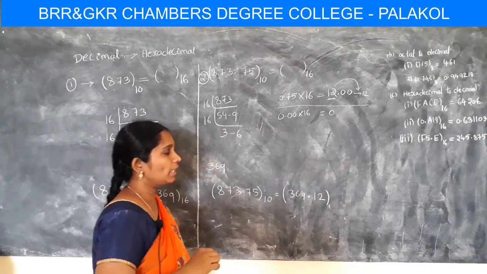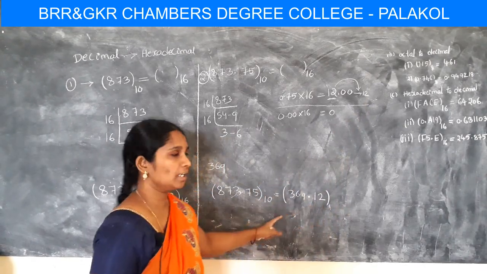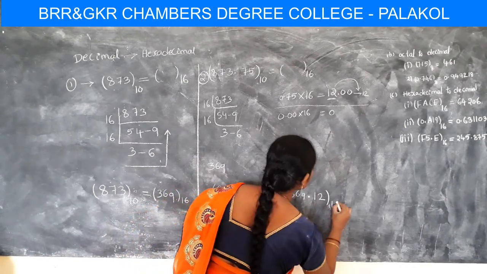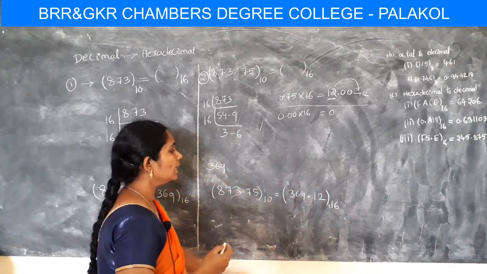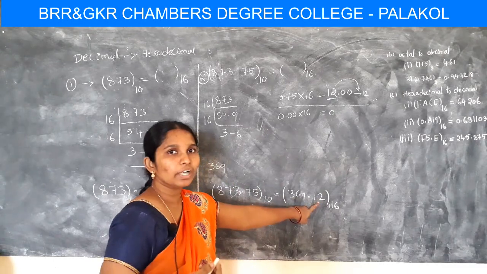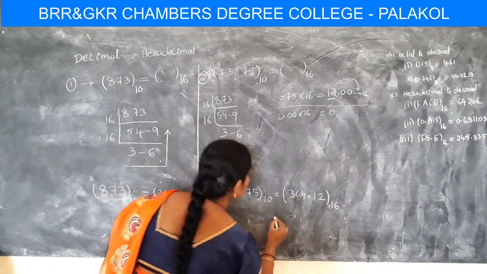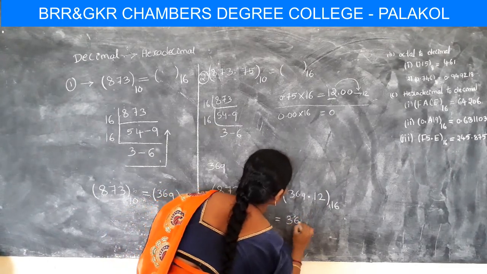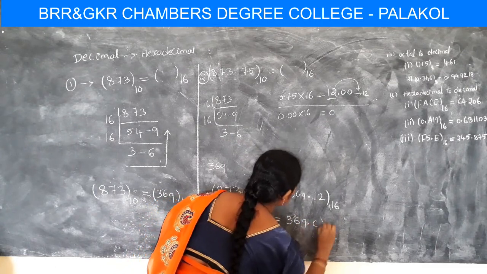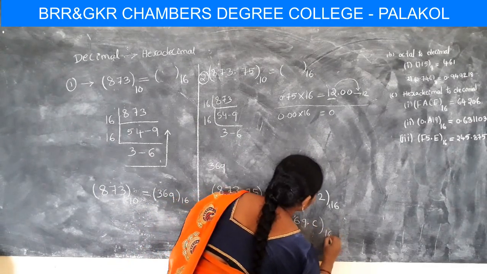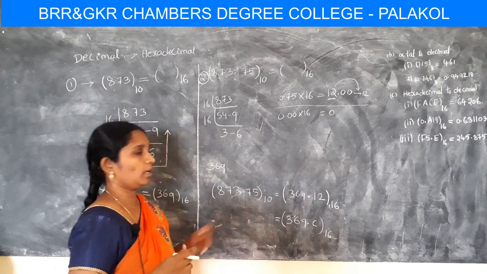Okay. So finally we write the number like this. Here 12 is nothing but what in hexadecimal? It is C. Therefore the final answer is 369.C to the base 16.